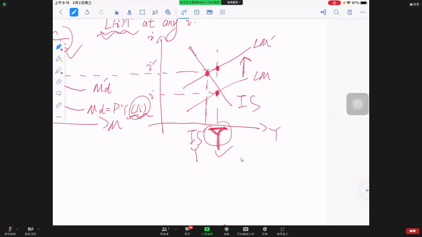But as I said, unchanged output just means with unchanged output at any given level of output, the interest rate increases. So here is an upward shift of the LM curve. I just wanted to state this point, so I said unchanged output. But if you consider two markets at the same time, yes, actually, finally the equilibrium output will decrease.